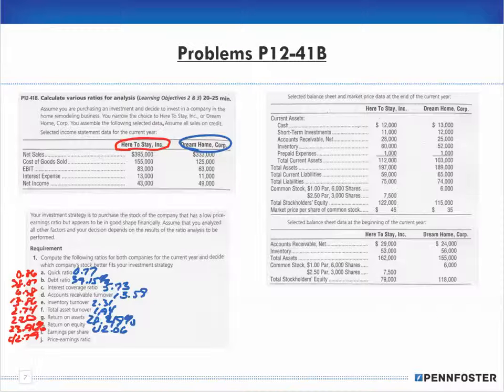All right, earnings per share. Earnings per share is the 43 over, let me see here.